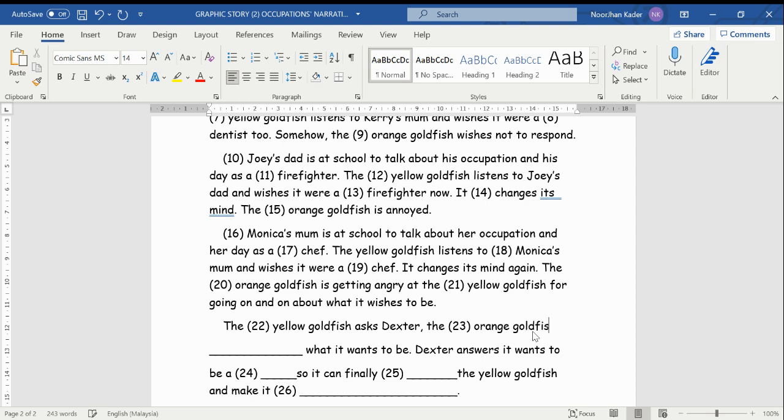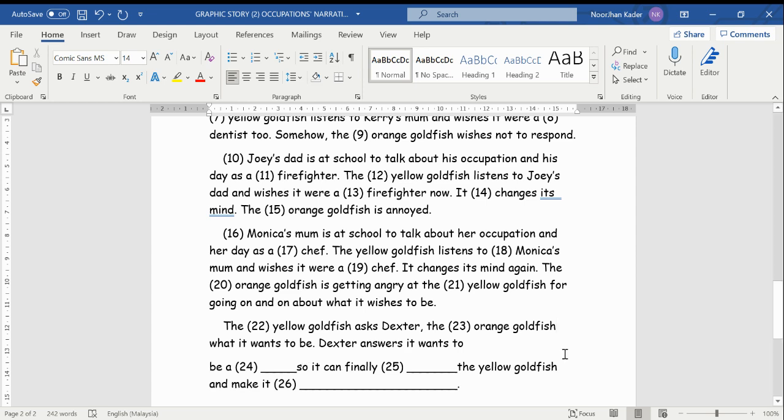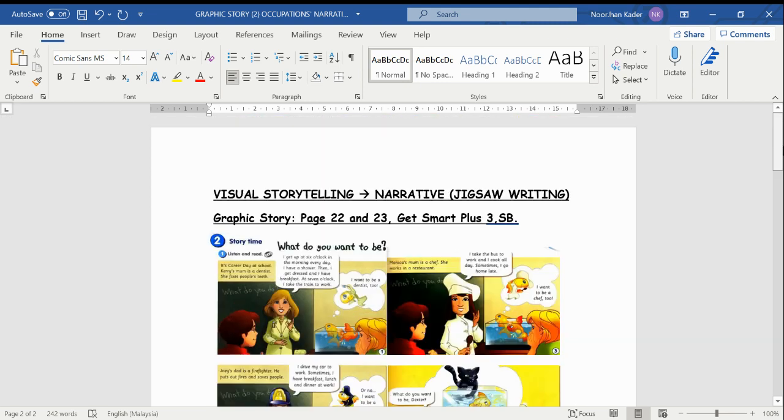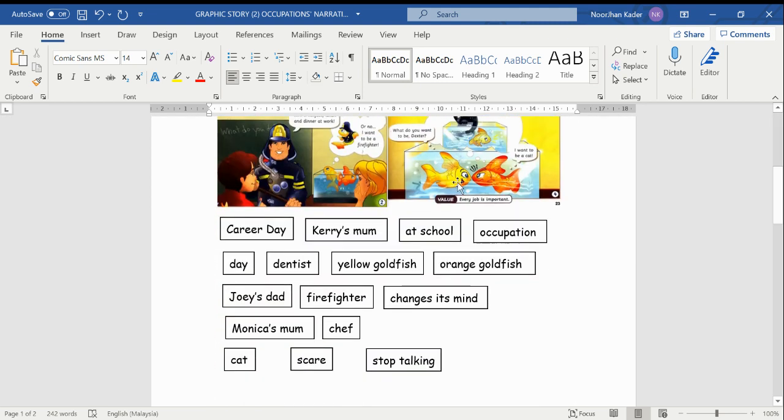Let's check whether it's correct. The yellow goldfish asked Dexter, "What do you want to be, Dexter?" It asked Dexter, the orange goldfish, what it wants to be. Then Dexter, the orange goldfish, answers the yellow goldfish, "I want to be a cat."